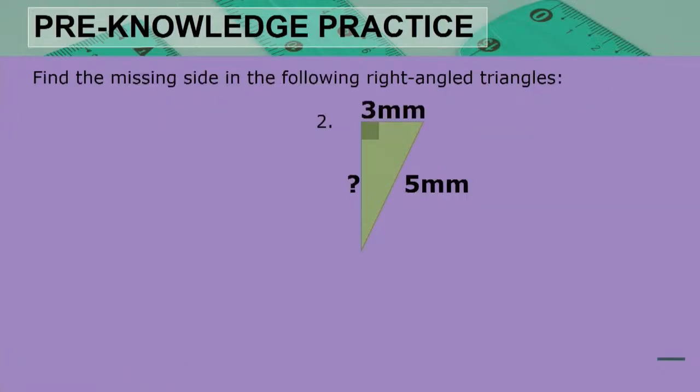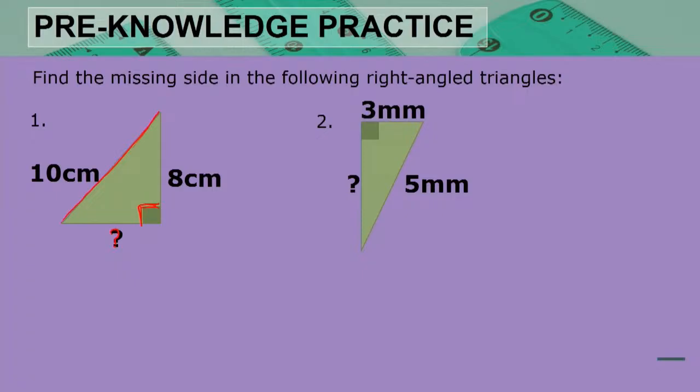Next, we are going to find the missing side in the following right-angled triangles. We have here two triangles, so we're going to start with the first one. We have 10 centimeters on the hypotenuse, and we know it's the hypotenuse because it is opposite the right angle. Then we have 8 centimeters for one side, and we need to calculate the missing side.